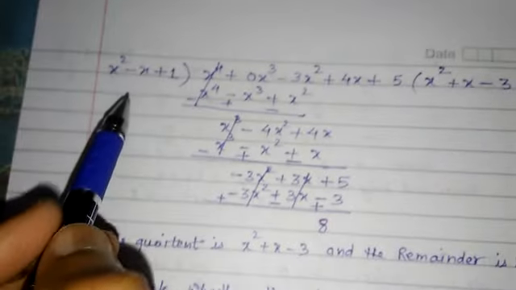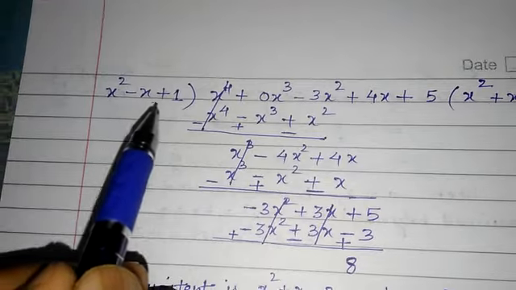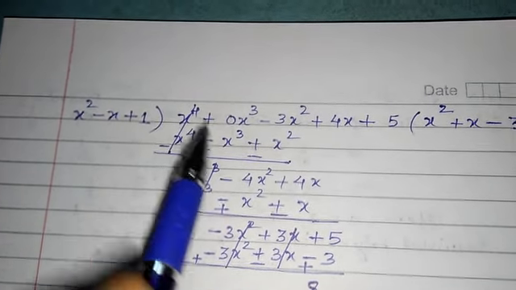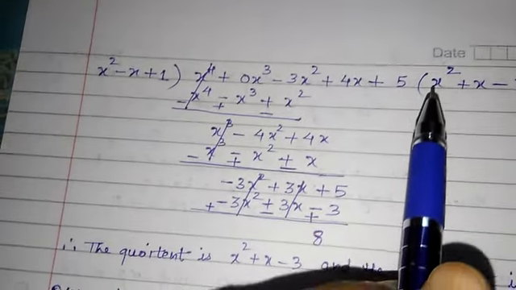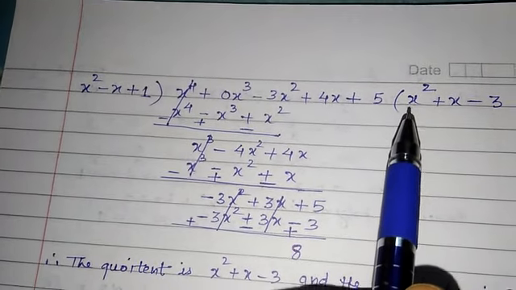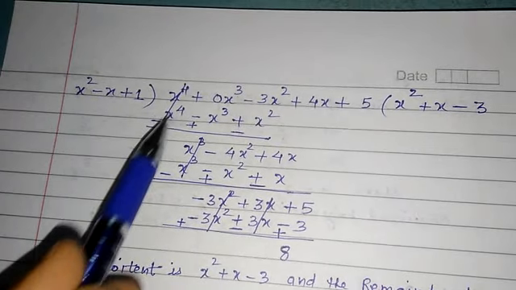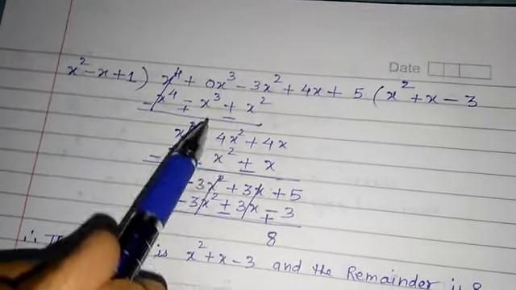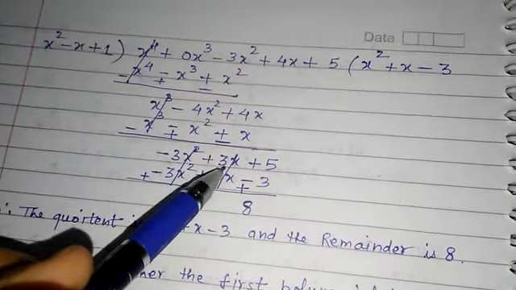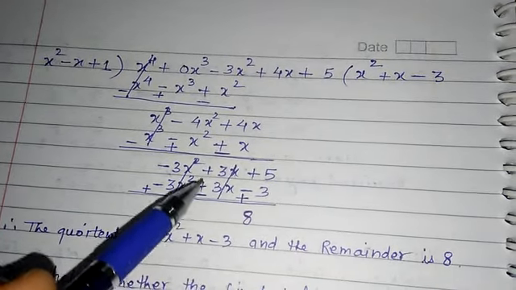Here, if we divide by x square minus x plus 1, we see that the first time the division goes x square times, then x power 4 eliminates. This step we have done in previous classes.